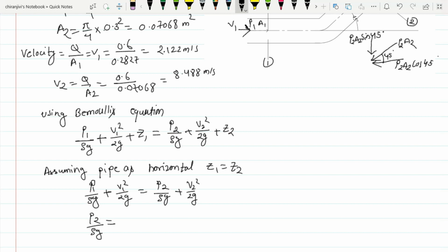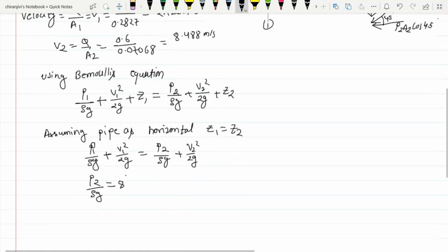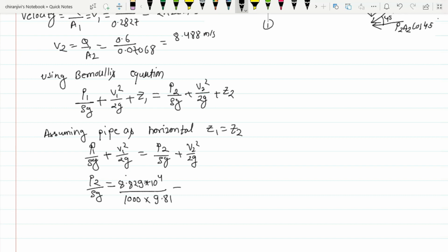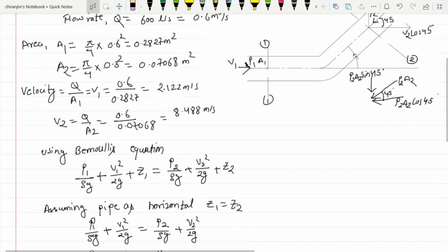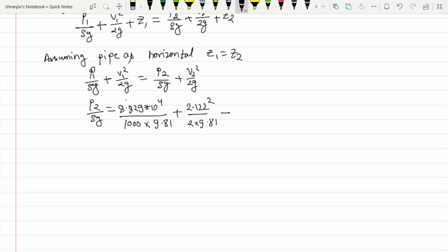So here P1 is given in the question, so we can write 8.829 into 10 to the power 4 divided by rho 1000, the density of water, and g is 9.81, acceleration due to gravity, plus V1 square, velocity at section 1, which is 2.122, already calculated, so 2.122 square upon 2 into 9.81 minus V2 square upon 2g.